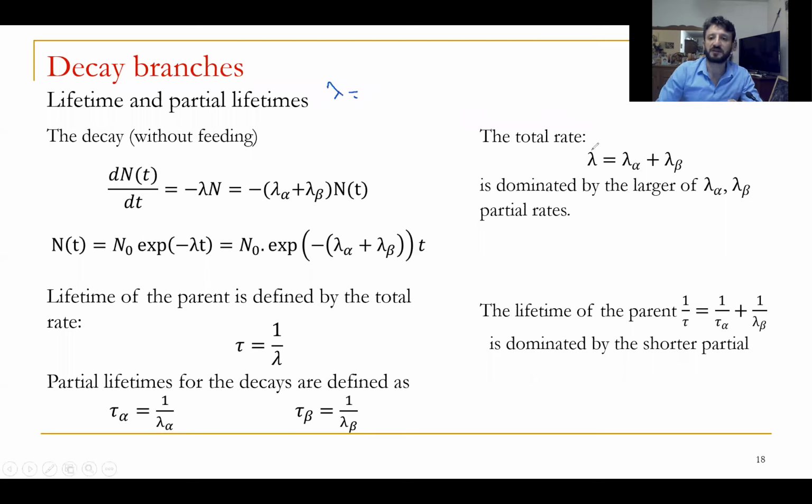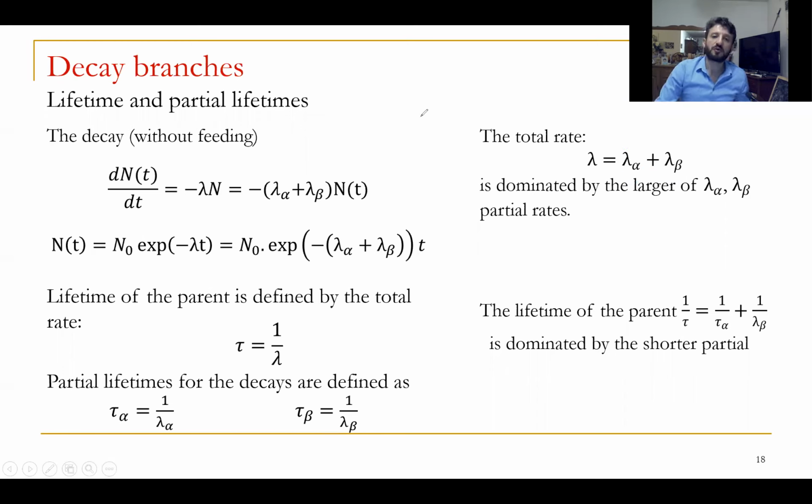You know the total lambda equals lambda alpha plus lambda beta. This is the total decay rate. Lambda alpha is the partial decay rate of alpha decay, and lambda beta is the partial decay rate of beta decay, or beta emission, beta process. We can say beta branch.